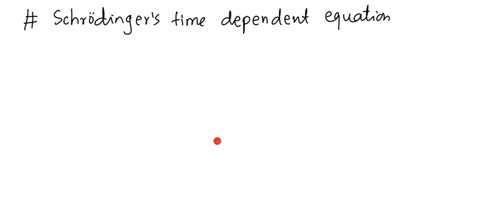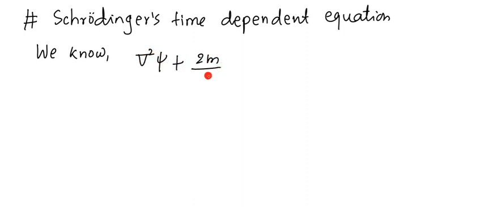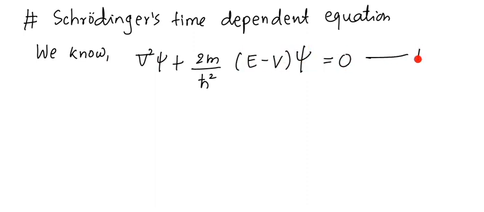Now in deriving the Schrodinger time dependent equation, we will start with the Schrodinger time independent equation, and we will eliminate the value of total energy E from that expression. We know from Schrodinger's time independent equation, we have nabla square psi plus 2m by h cut square (E minus V) psi is equal to 0.